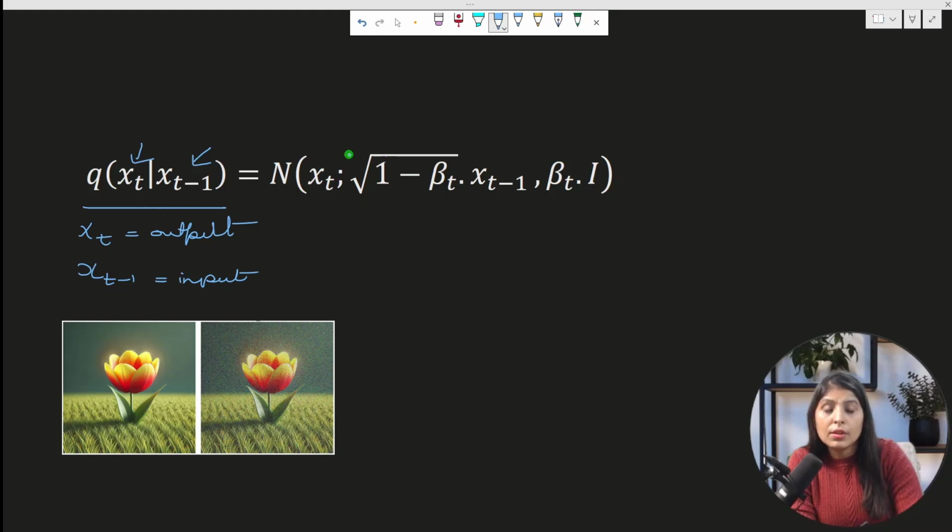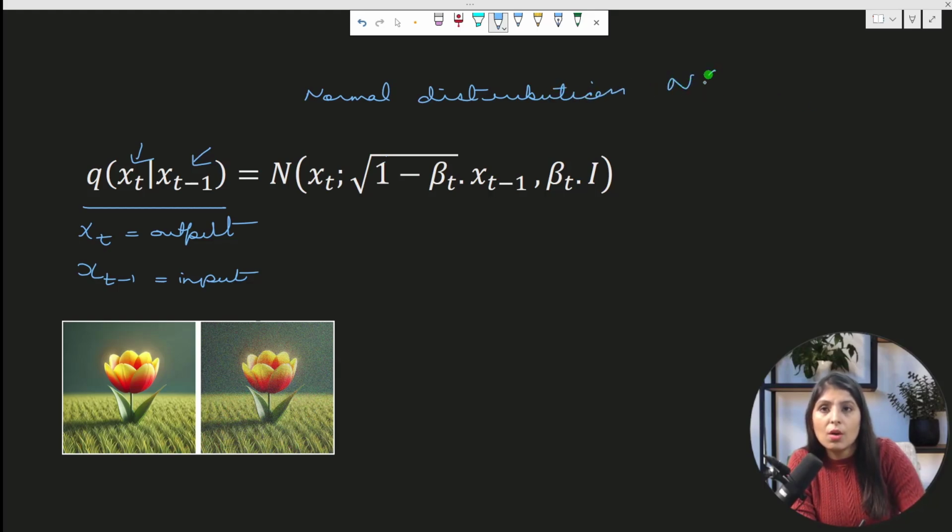As I've told you, in the forward diffusion process we are just corrupting the image by adding noise to it step by step, and for adding the noise we use the normal distribution.